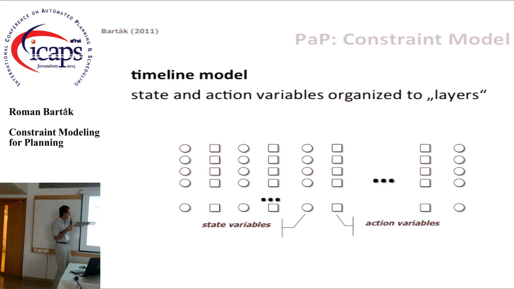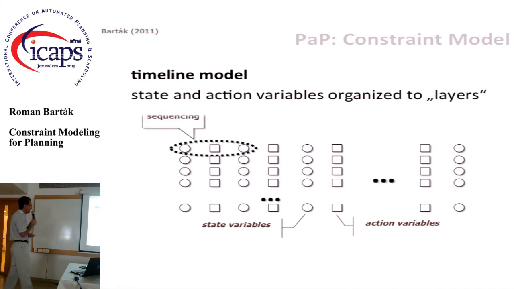Okay, so it's called the time-right model. We have state variables like before, but now instead of having one action variable, for n state variables we have n action variables, which define how each state variable is changed by a given action. Otherwise the model is similar to before. It's a layered graph, and this is a constraint defining how this action is changing the state variable from one value to another value.